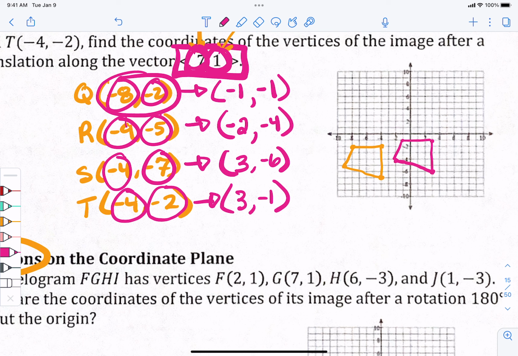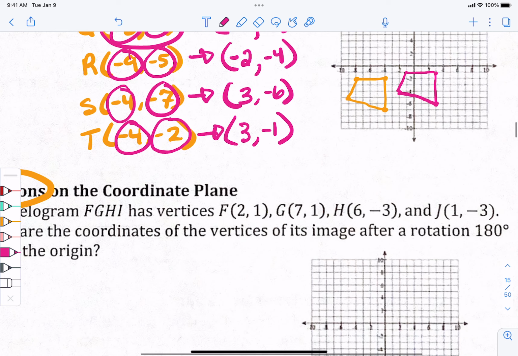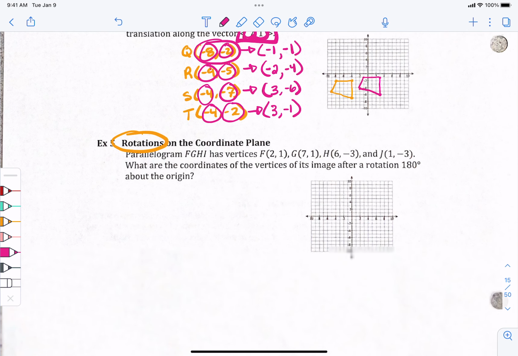I did something wrong. It doesn't look the same. Well, I did mine right. I put my negative 1. Okay. Hopefully for me.